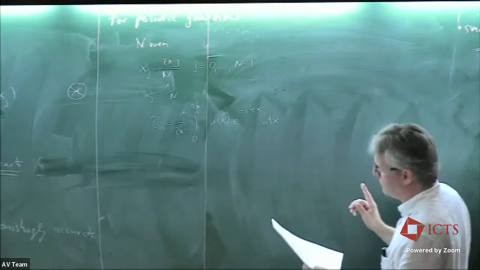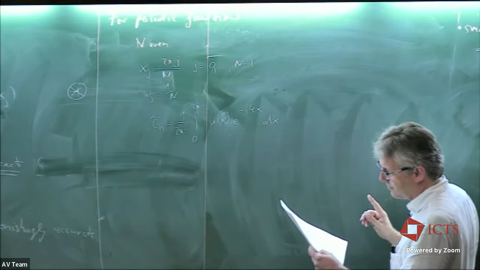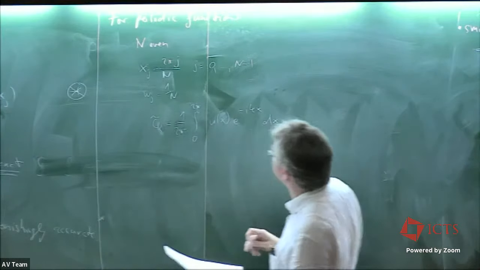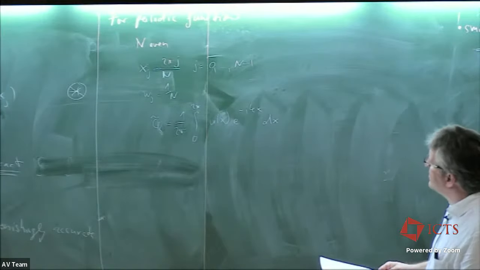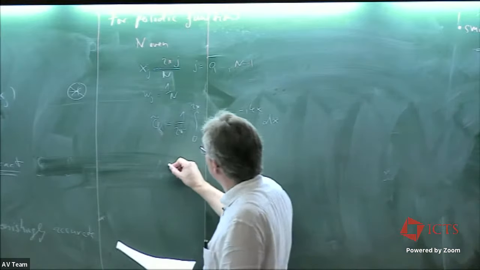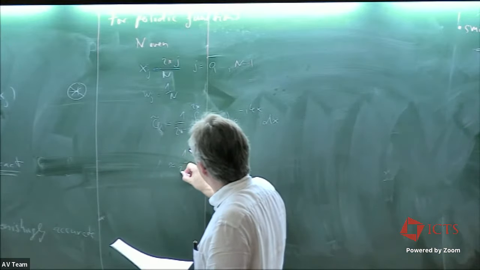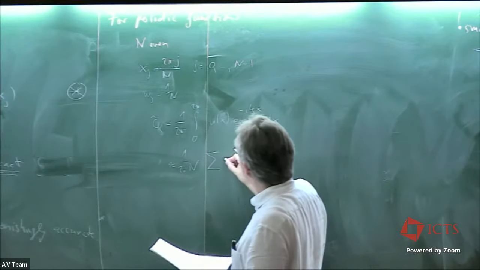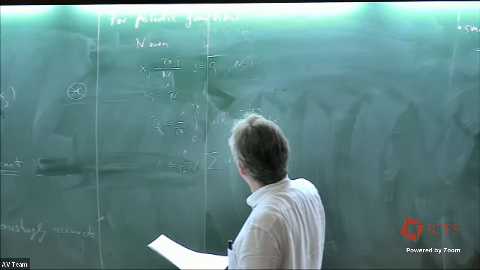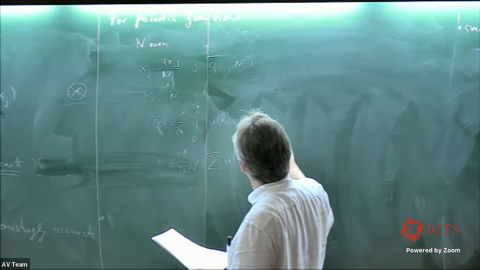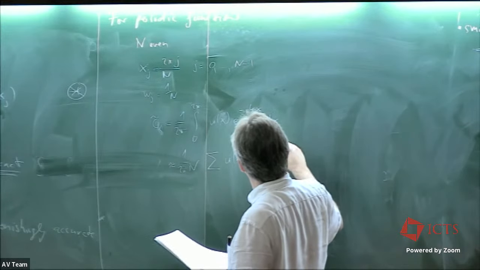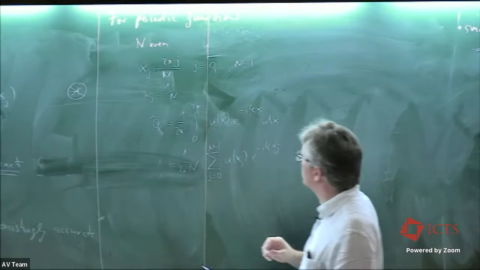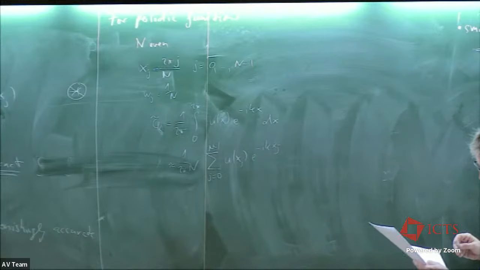I should be careful to use the same index left and right, k over here. The idea is now to approximate this by 1 over 2 pi n and a sum over u of xj e to the minus i k xj, j going from 0 to n minus 1 over all our grid points.